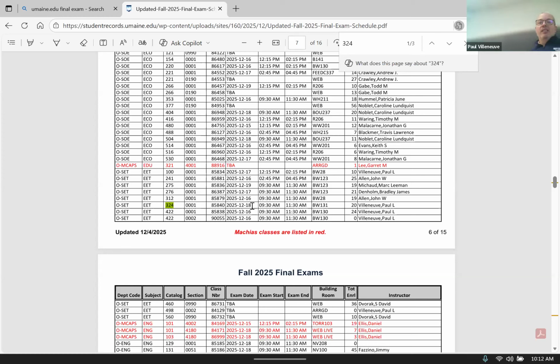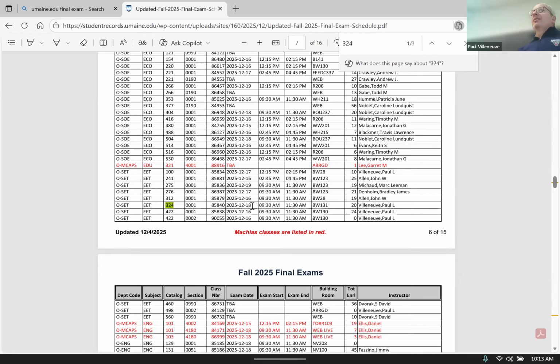312 is on Tuesday, yeah. To actually set the final exam schedule is quite a bit of work. So it's all undertaken by Office of Student Records. If you look at the top, it tells you Office of Student Records, Orono and Machias. So they put their letterhead on it. It's their document. It's not ours.